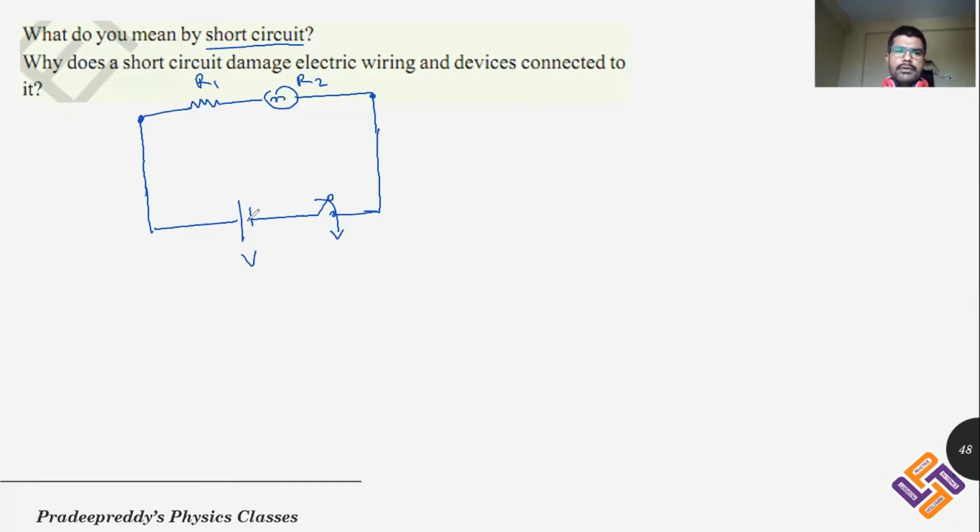When you switch on the circuit, usually current flows through it. Some current I comes to this region. It will pass through resistor R1 and resistor R2, where R2 is the resistance of the bulb.